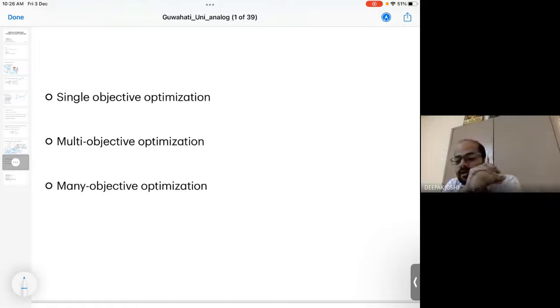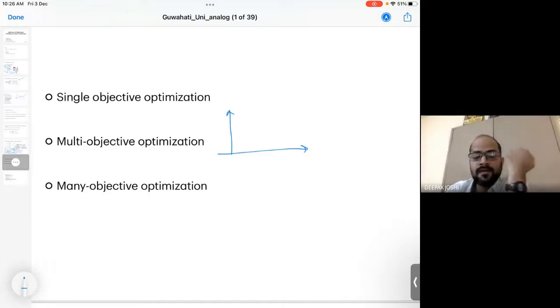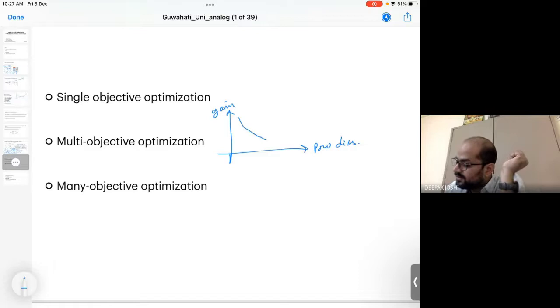So in order to address such an issue, instead of one point, we now look for a set of points. Let us say on one axis we have gain, and on the other axis we have power dissipation. Let's say we have some points like this.